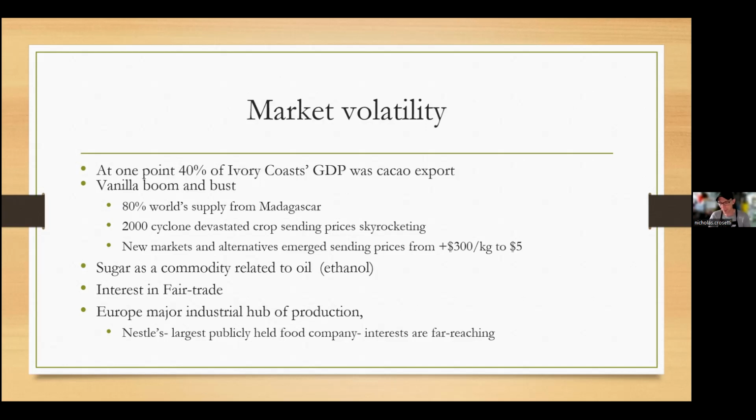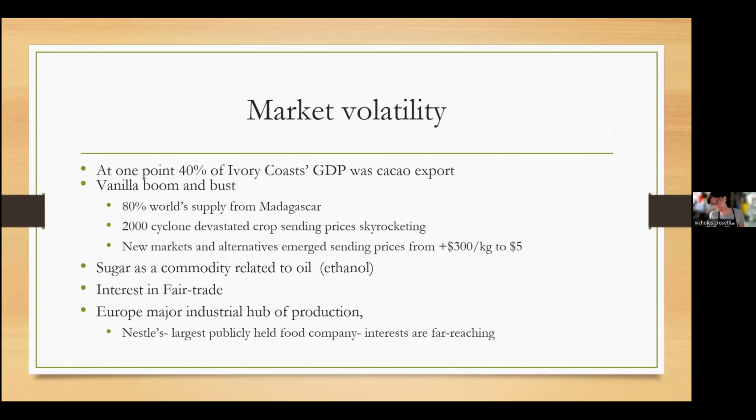So tying that into the chocolate market and just agriculture in general is really important to note, in my mind, with the end result. And the same can be said for sugar. Sugar, a major commodity worldwide. The prices of sugar are directly related to the price of oil.